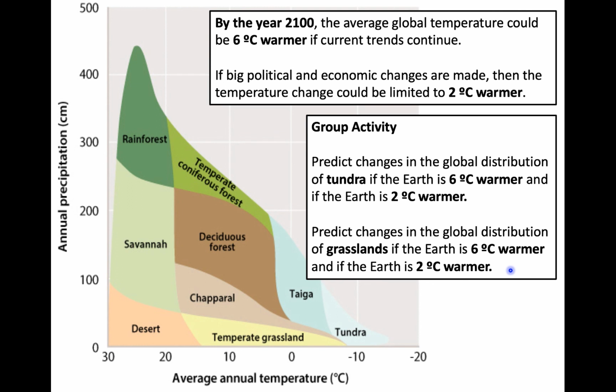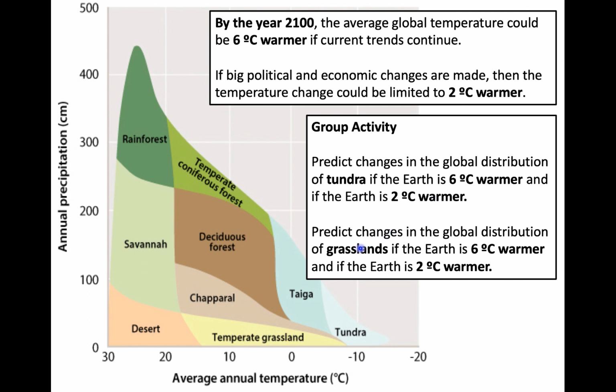And if we make huge political and economic changes, which are not yet begun, then we could possibly limit the warming to about 2 degrees Celsius. There are some extremely optimistic efforts out there to try to limit to 1.5 degrees. So let's think about how these different scenarios would affect tundra. If the Earth becomes 6 degrees warmer, what would happen to a tundra? And if the Earth only becomes 2 degrees warmer, what would happen to a tundra?